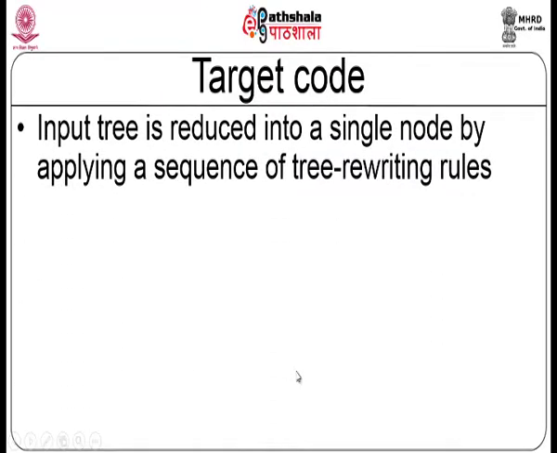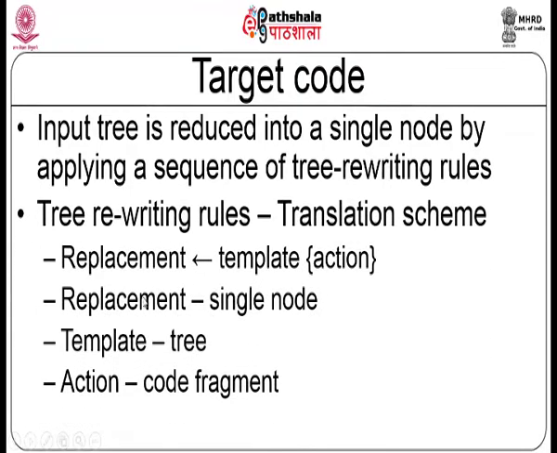Now the input tree is reduced into a single node by applying a sequence of tree rewriting rules if I have a larger tree in place. That is done in a bottom up fashion where you will reduce the input tree into a smaller subtree. The tree rewriting rules are called a translation scheme, and that basically has the following template. That is, it has got a replacement.